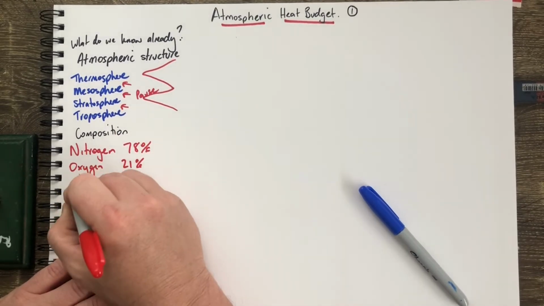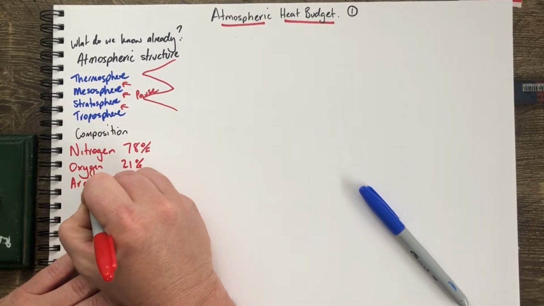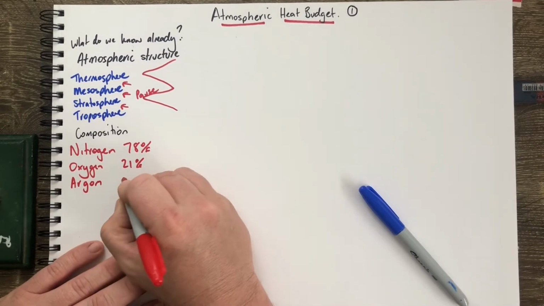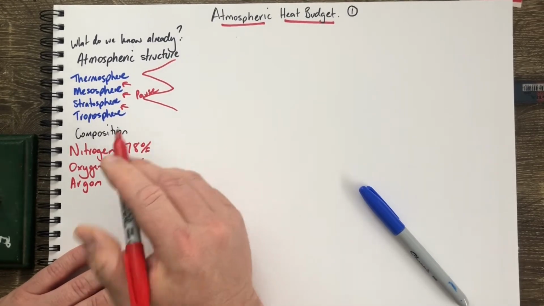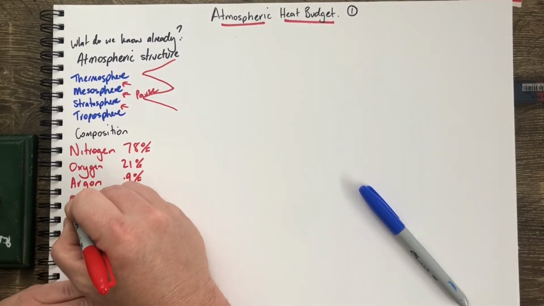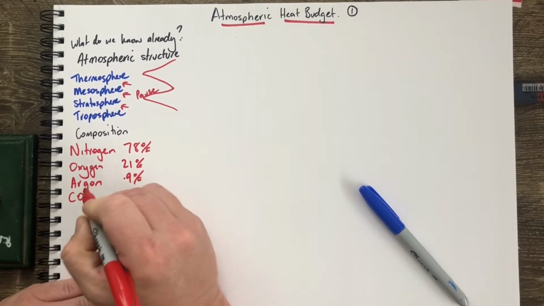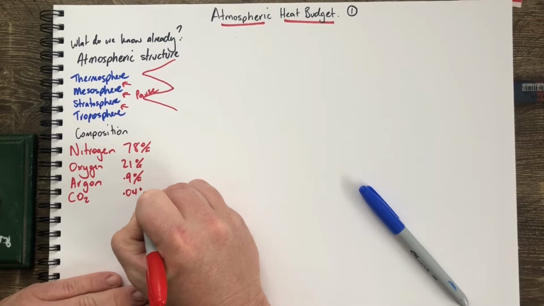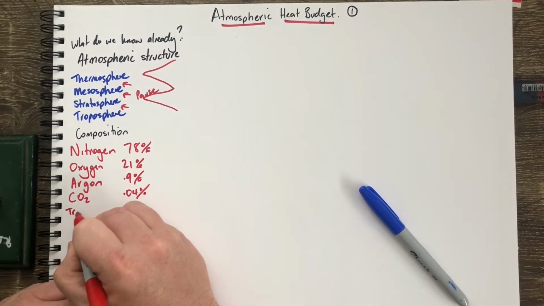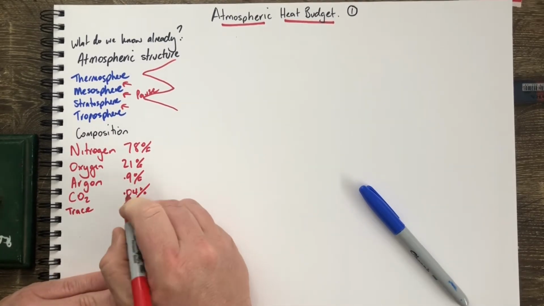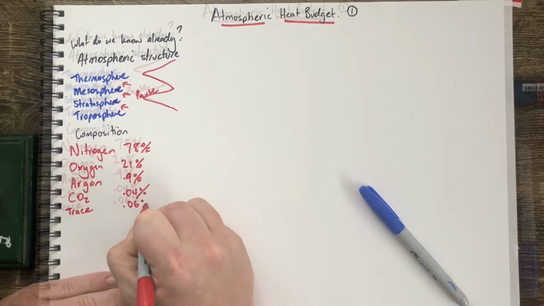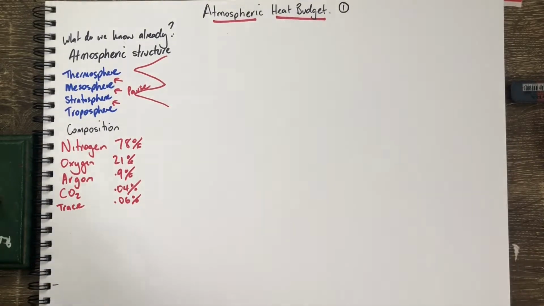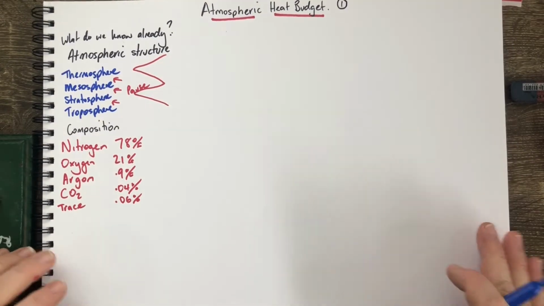And then we've got our trace gases, mostly argon, which is 0.9%. And then it's all of our other little bits and pieces. Carbon dioxide, 0.04%, and then we've got our other trace gases. I'm just going to write trace, 0.06%.